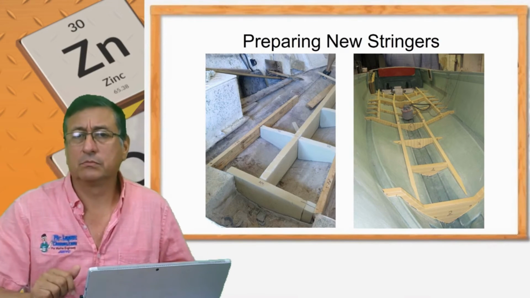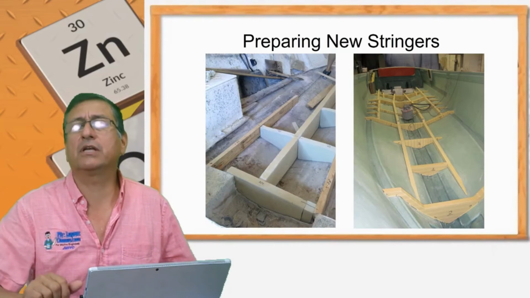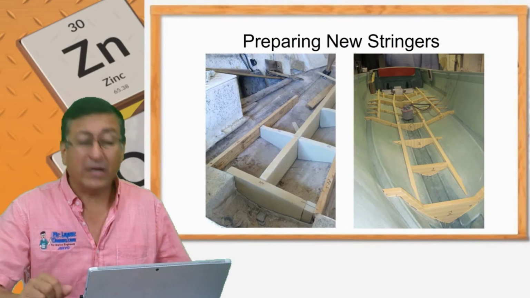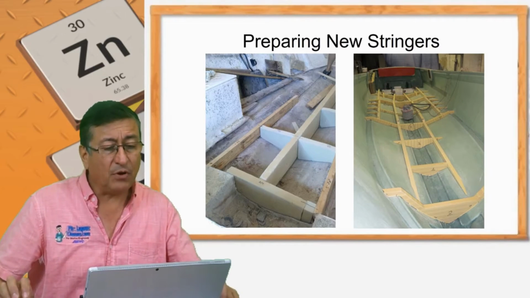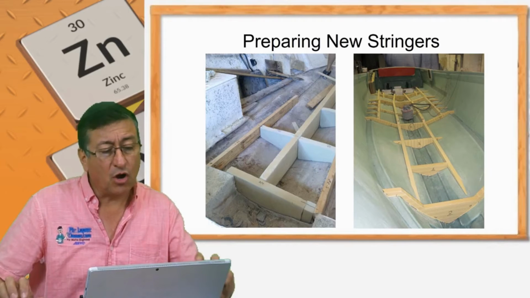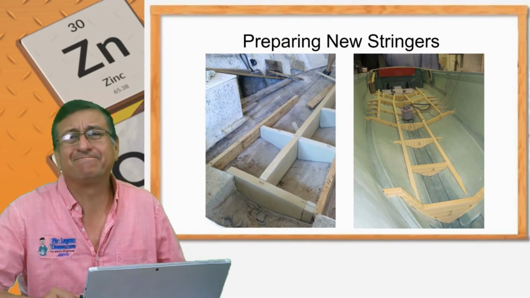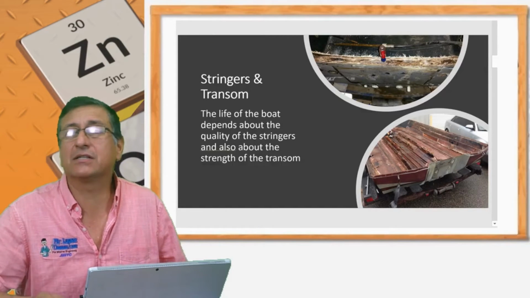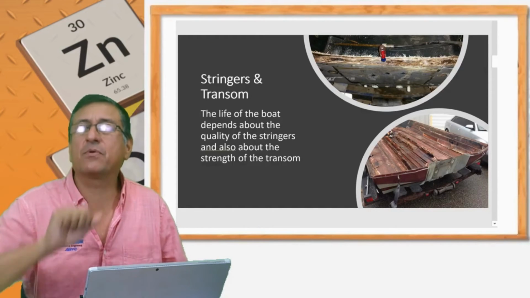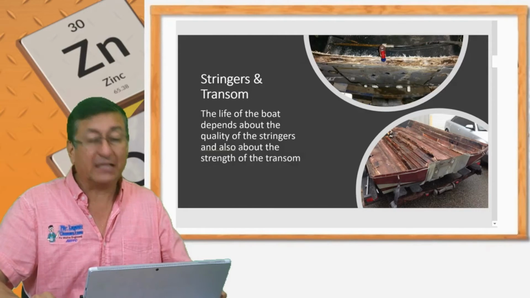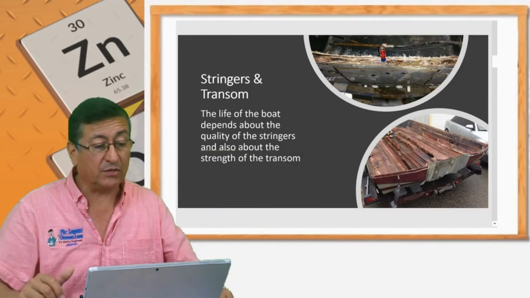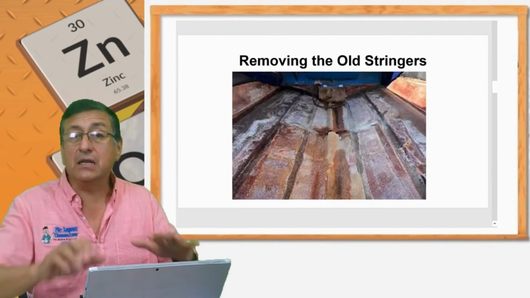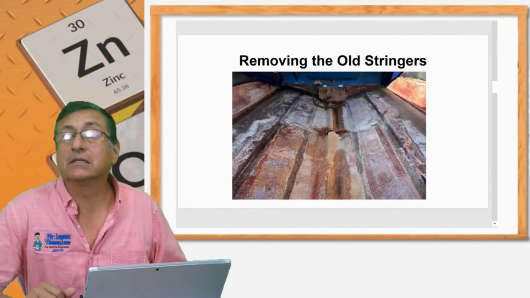Some years ago I did a similar project with my students in the class of composite materials. We received a couple of boats completely destroyed. The stringers completely destroyed for the same reason. After that we cut those stringers. We start to remove the stringers and we clean the hull like this.